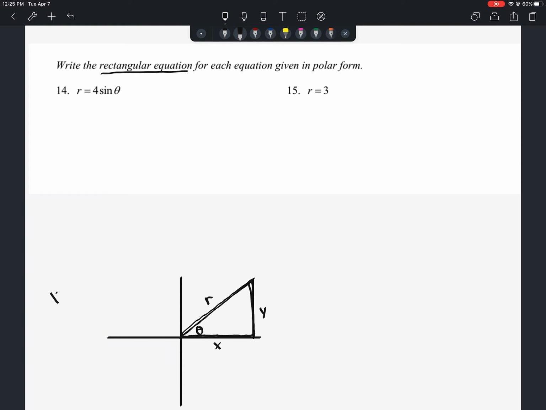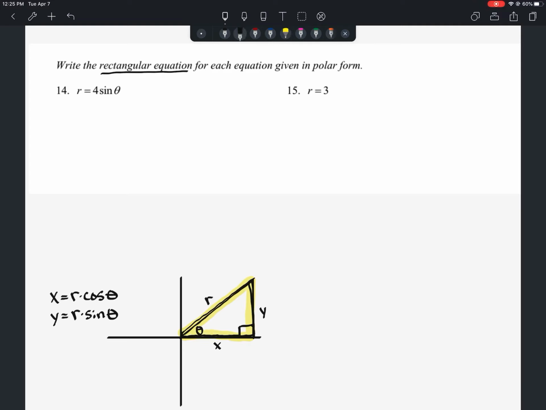We talked about the relationship that x equals r times the cosine of theta, and y equals r times the sine of theta. That still holds true here. But another one we can use is the one you've probably been doing since middle school, built by looking at this as a right triangle.